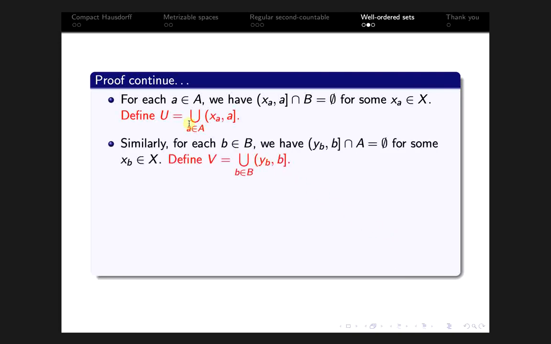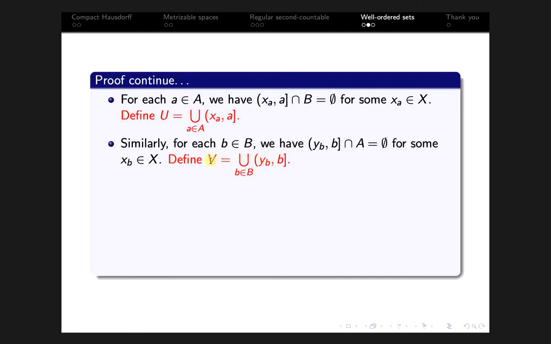So what we have is U equal to the union of these basic open sets for every element a in A, and V equal to the union of these basic open sets (yb, b] for every little b in the closed set B. In particular, for each b in B, b belongs to this basic open set.